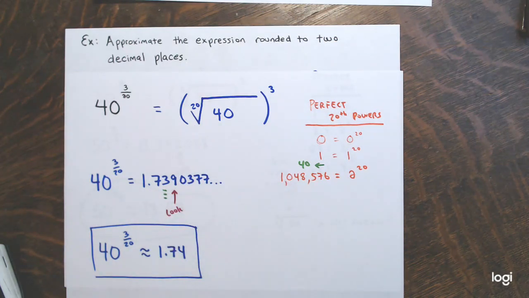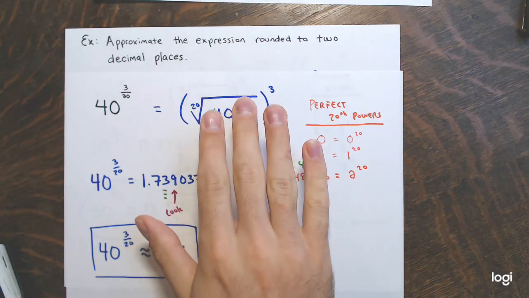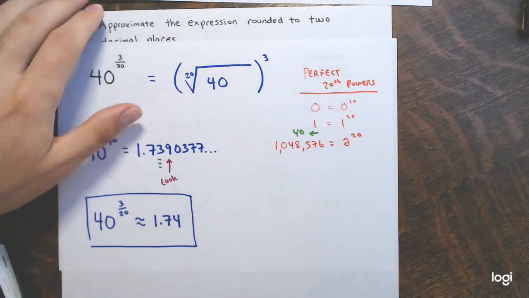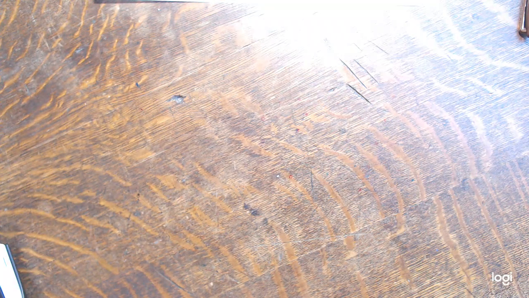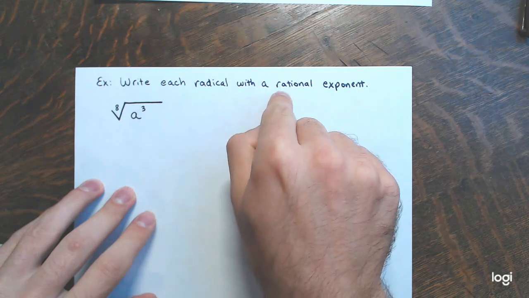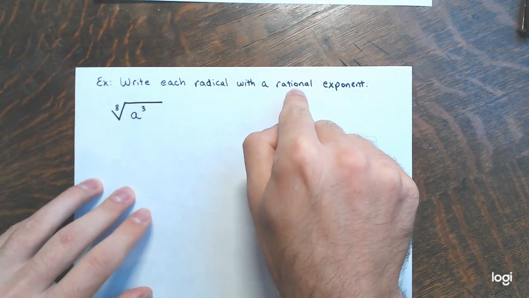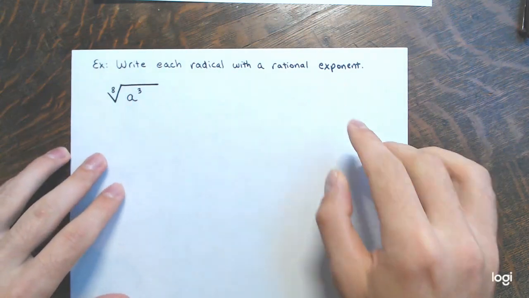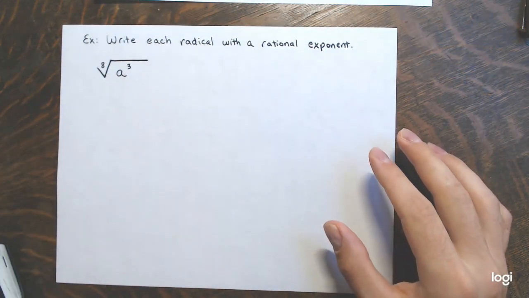The next few examples I have for you are going the other way around, where I have an expression with a radical, and I'm asked to write an expression with a fraction power, a rational exponent. All right, so that's the next several examples, right? So I say here, write each radical with a rational or a fraction. Whenever you see the word rational, it's ratio of 2 integers, right? A fraction exponent.